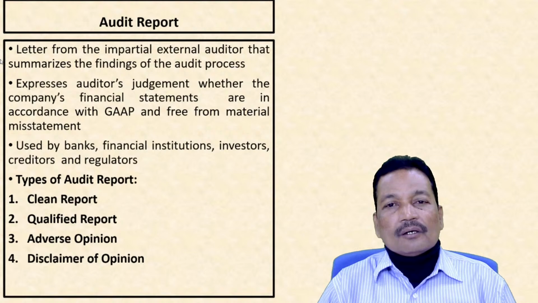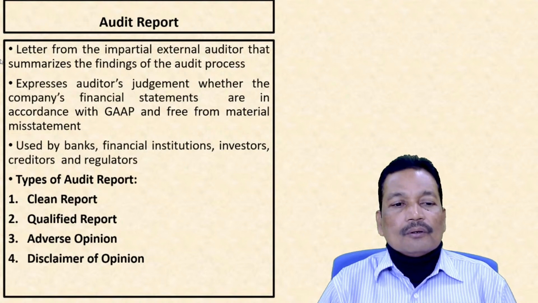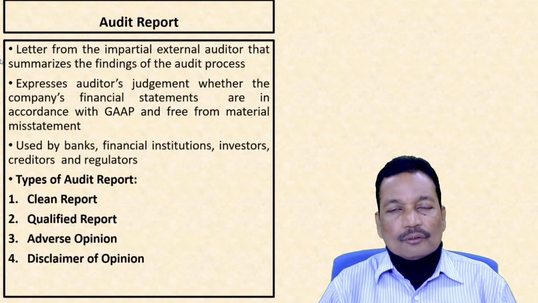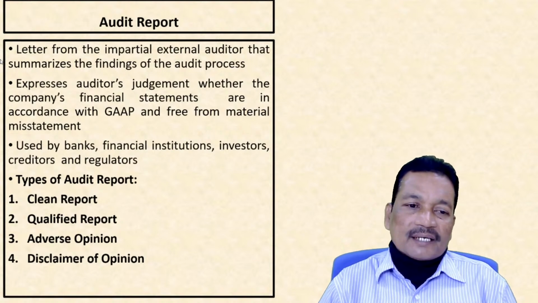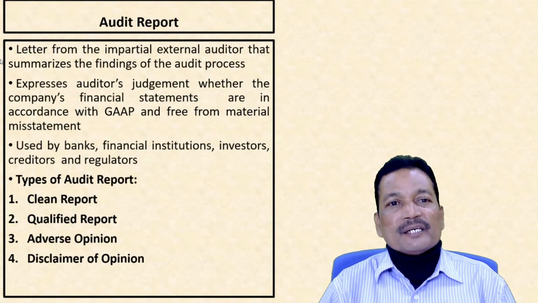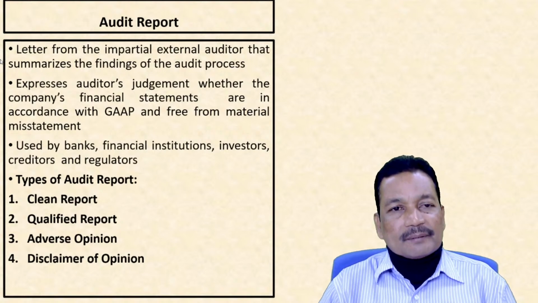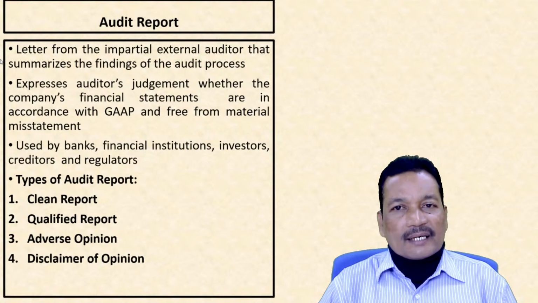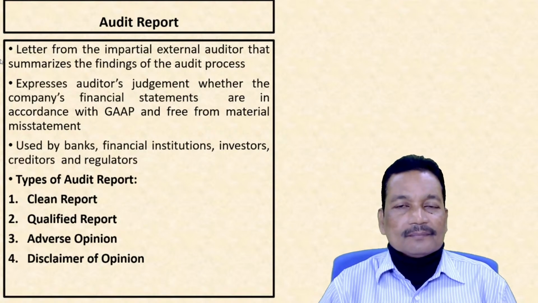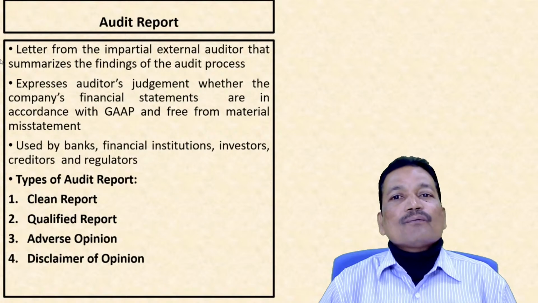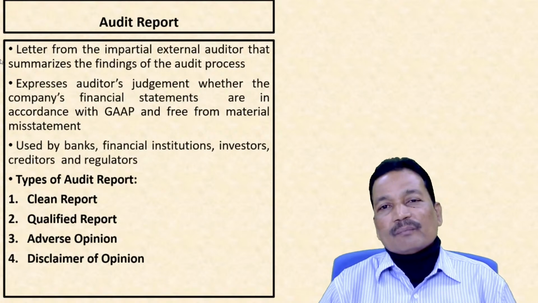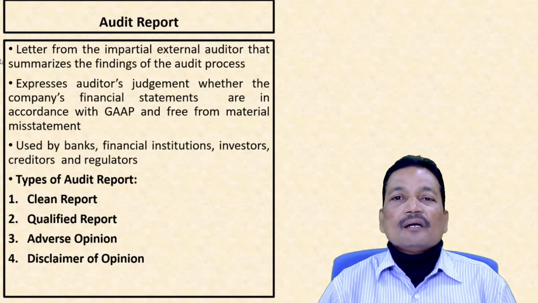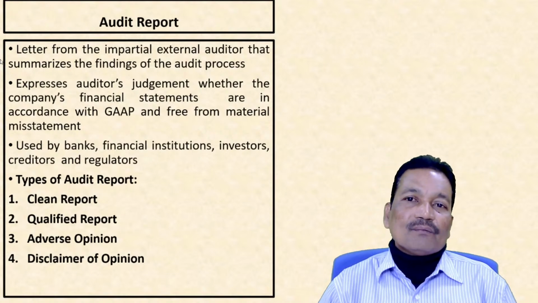Now the most dangerous things or the dangerous opinion that is given by auditor is adverse opinion. What it is? Now, the informations provided by the organization which was audited consists of false information or it has been created falsely.